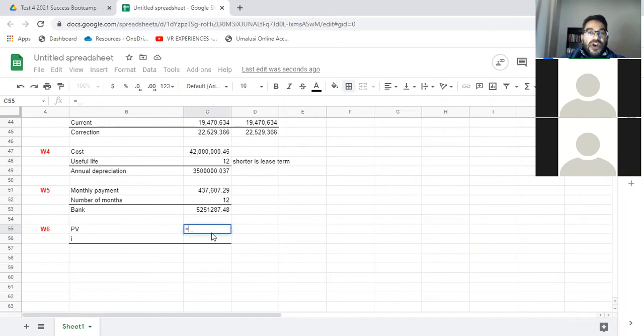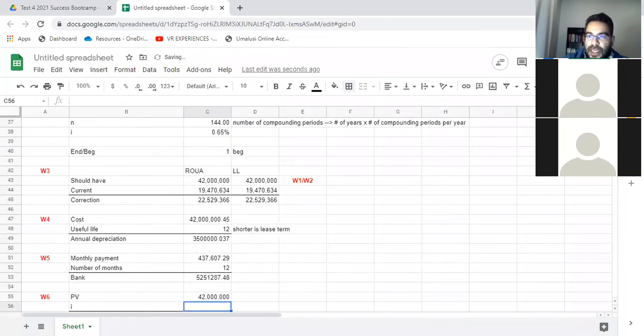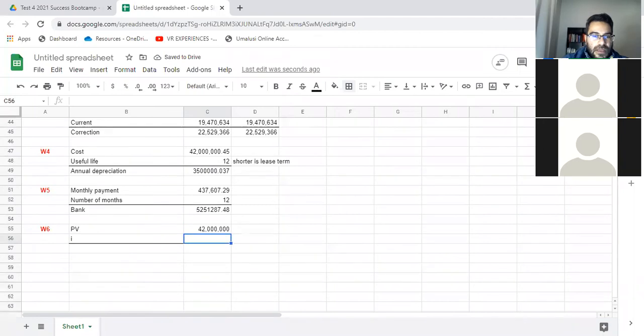So the present value of the lease liability on 1 July 2018 is that 42 million Rand. So I'm just going to say 42 million Rand, and I is going to be 7.75%. So interest is going to be that.